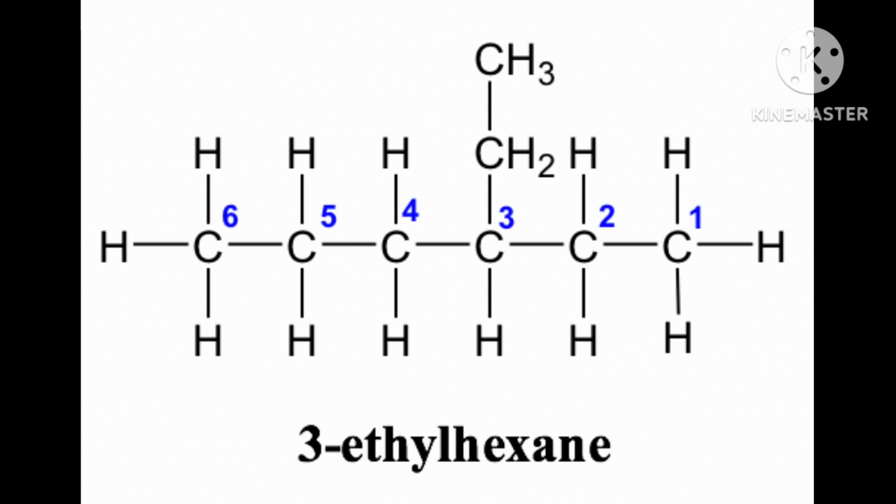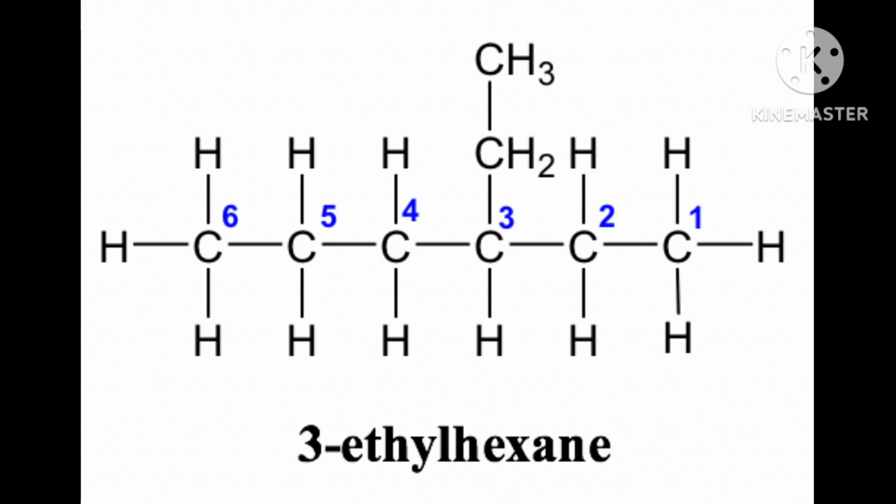Then the OH group can be attached at different carbons. So the second step is to attach the OH at different carbons of the isomers. And after that, the third step is to do the nomenclature.